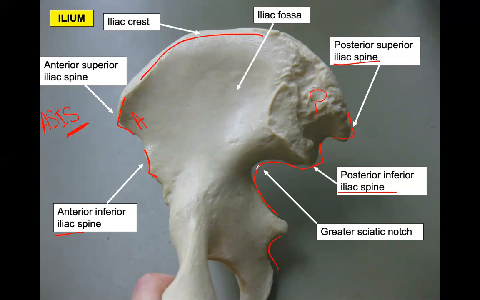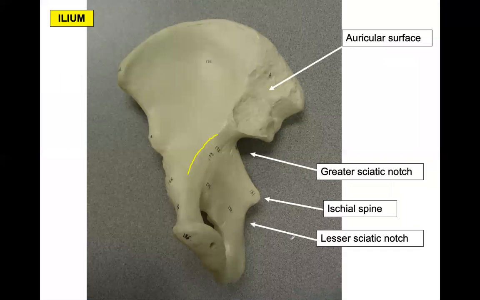This is called the greater sciatic notch, and this one, as you can see on the next one, is called the lesser sciatic notch. So greater and lesser sciatic notch. It's on the side of the ischium. So here again, greater sciatic notch, lesser sciatic notch, and the area where it separates them is called the ischial spine.